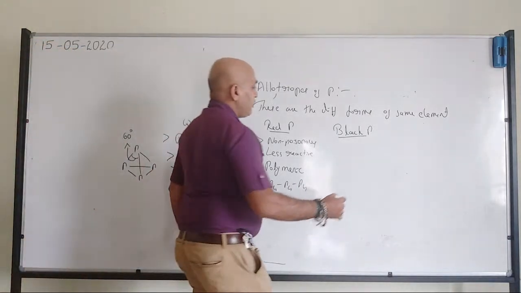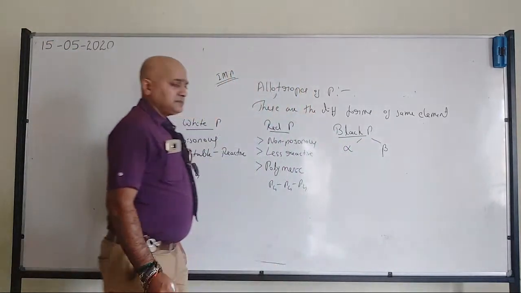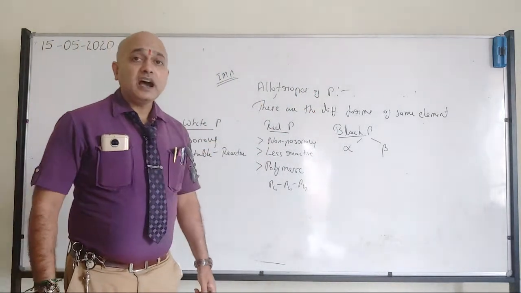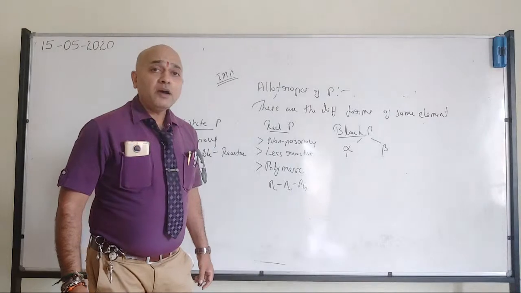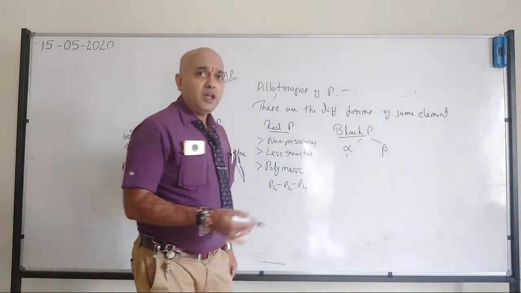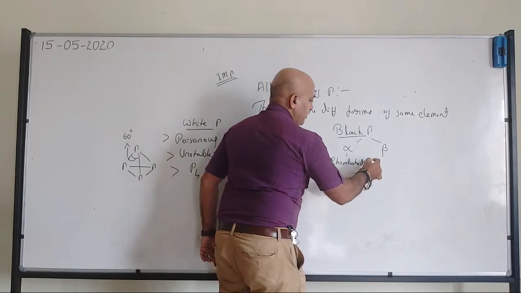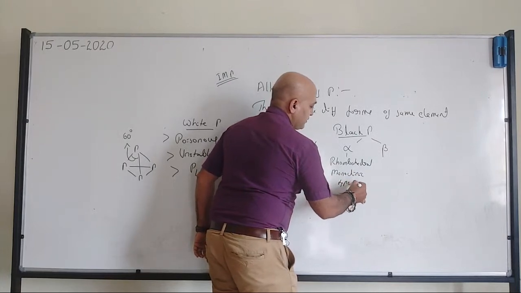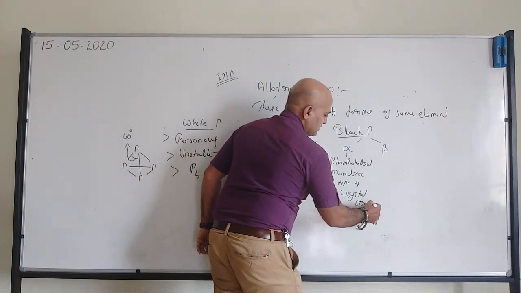Now when it comes to black phosphorus, we have two types, alpha and beta. Alpha black phosphorus will have a monoclinic type of crystal structure, rhombohedral or monoclinic. You will discuss this in your solid state topic, the unit cells with respect to crystal structure.